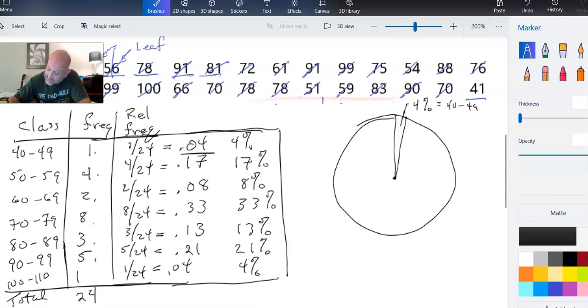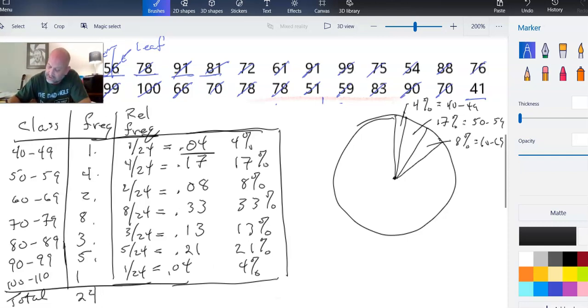The next one's 17%, so that's a little bigger, right? And this one is 17%, 50 to 59. And then 8%, which is going to be smaller again. So you can see how this is breaking up here. So that's 8%, right? 60 through 69.